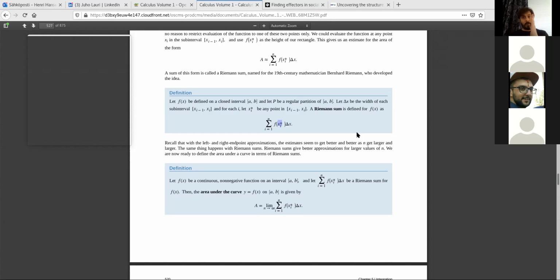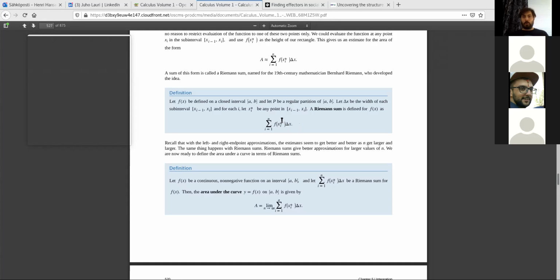Somewhere between xi minus 1 and xi there is a point at which this box is exactly this big. Our xi star may not be that point, but there is one point. We don't know which it is. It's probably not the endpoints, but somewhere in between it is.